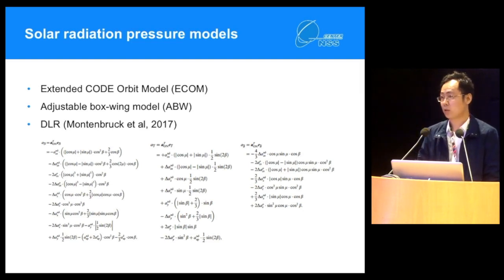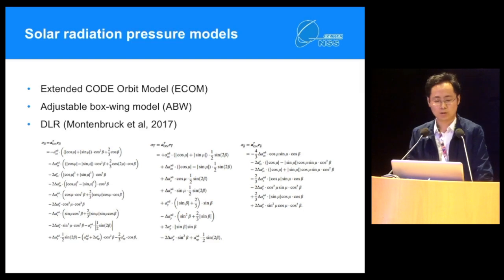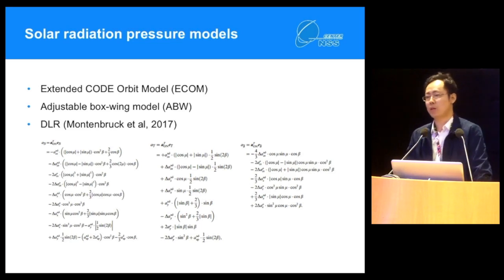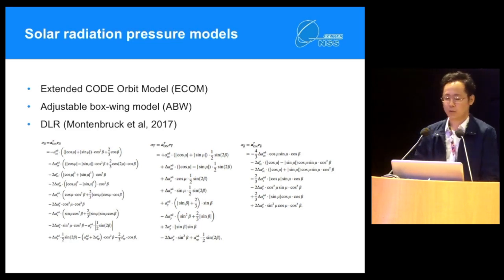We use it to determine orbits for the GEO satellites, except for the adjustable box-wing model, because this model has several advantages. The first is that it can adapt to the change of attitude, so it can be used to describe the solar radiation model whatever the satellite attitude is.